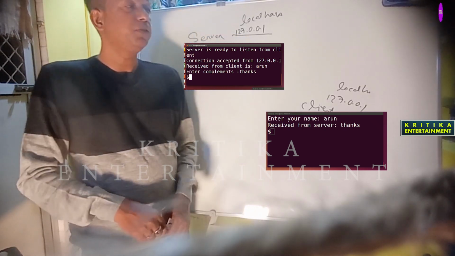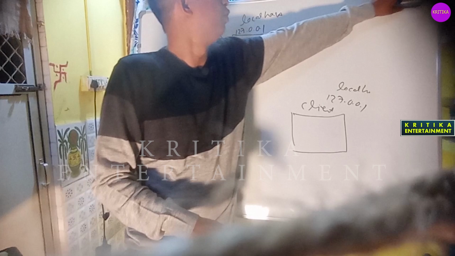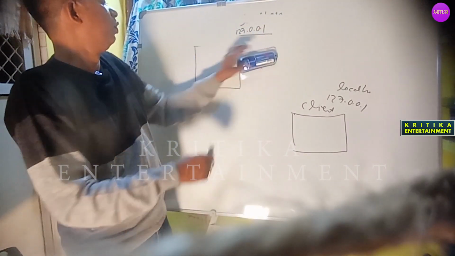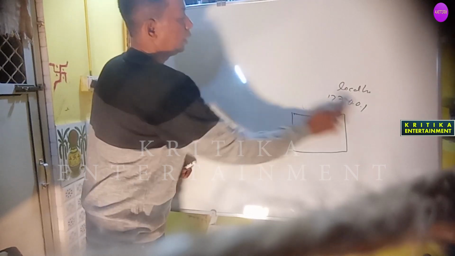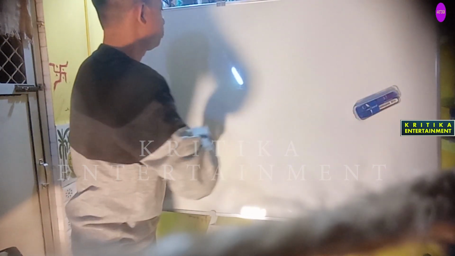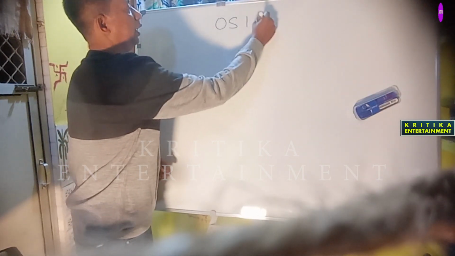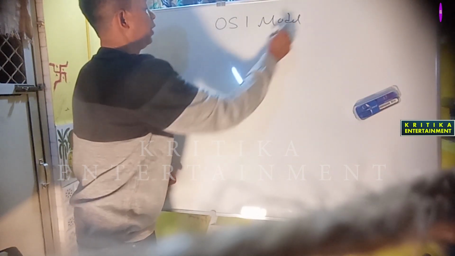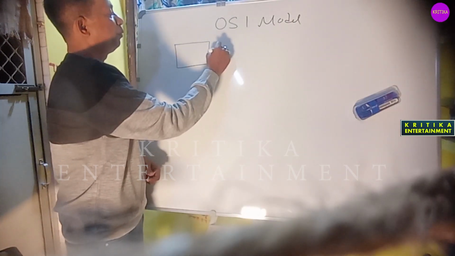Before we start this, we first have to discuss the OSI model. Suppose this is the OSI model. First is the presentation layer.